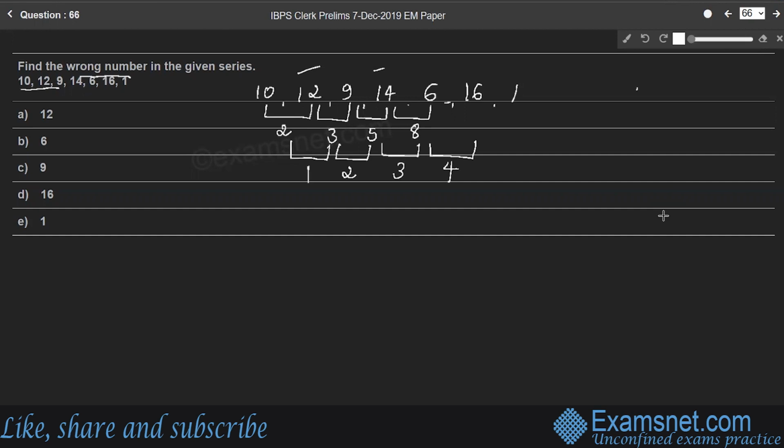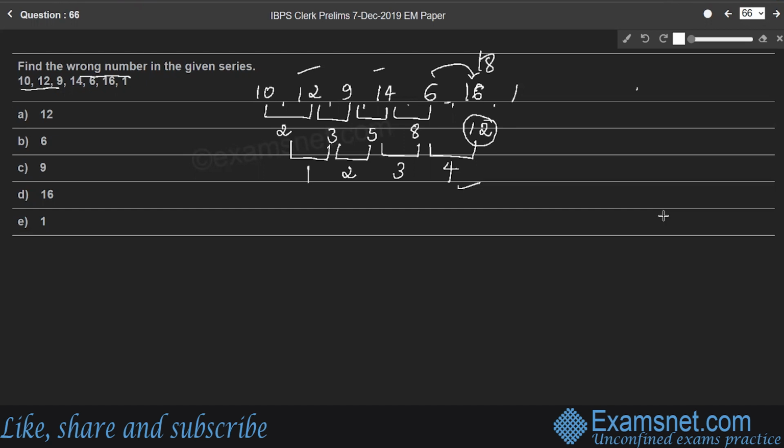If the difference is 4, the previous difference has to be 12, since the difference between 8 and that number is 4. If the difference is 12, the next number after 6 has to be 18, not 16.